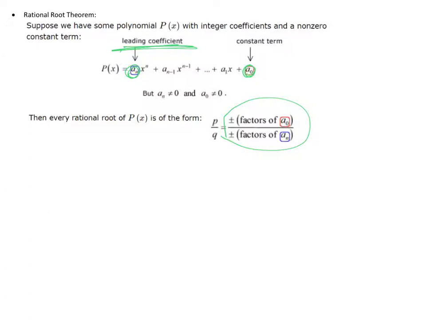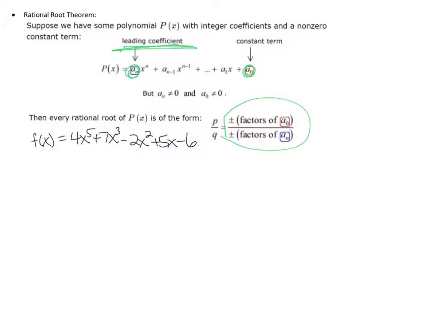So let's look at an example here. Let's say that we have the function f of x is equal to 4x to the 5th plus 7x cubed minus 2x squared plus 5x minus 6. Okay, and what we want to do is come up with a list of possible solutions.